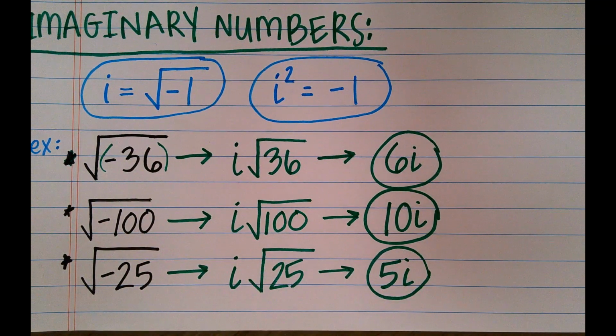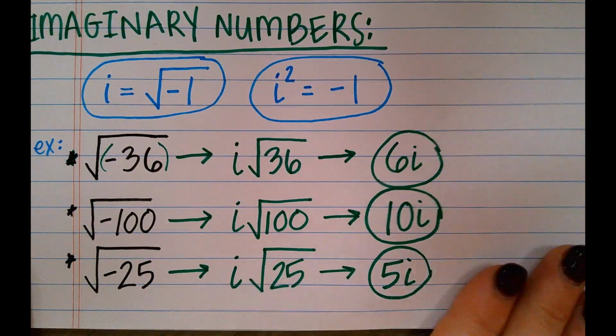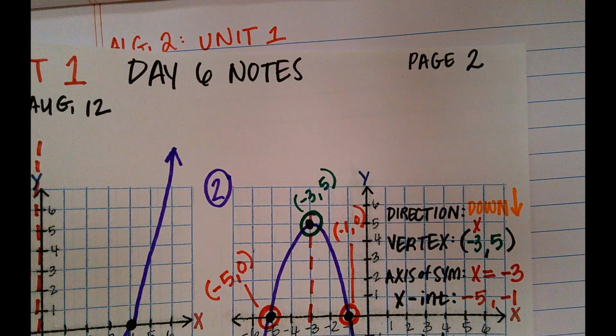Okay, so let me just show you an example of where this would happen in a quadratic equation. So I have an example here that I'm going to show you. Okay, so Algebra 2, Unit 1. This is like, I guess, page 3 of notes, since this was page 2, weirdly enough.